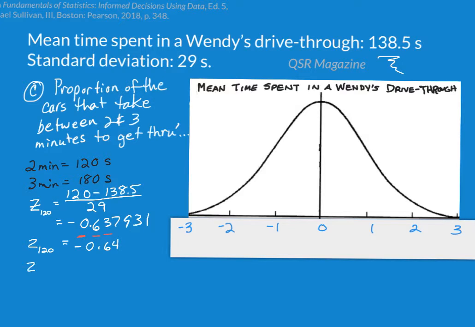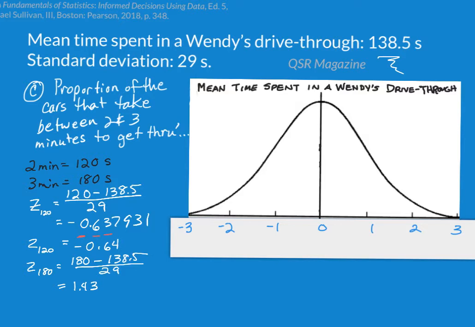The z-score for 180 seconds, I will do the same, use the same formula. I'll take the time in which I'm interested, the 180, I will subtract from it the 138.5 and divide by 29. Rounding to the hundredths place for my z-score, I get 1.43.